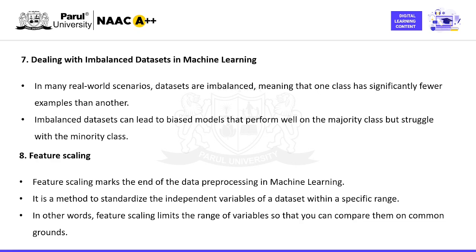Suppose, for example, we want to set some features for scaling. It means we can compare a single variable on common grounds. It means checking whether the data set is scaled, or whether the selected feature column is scalable or not.